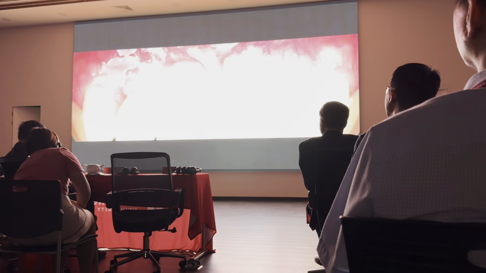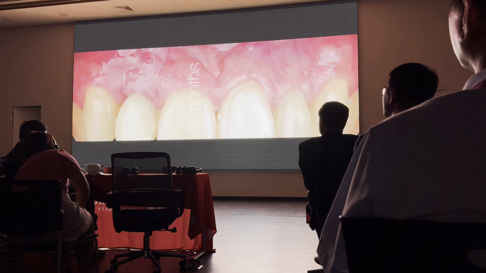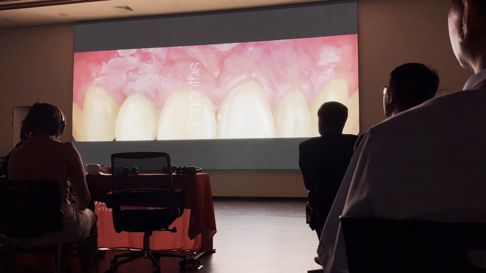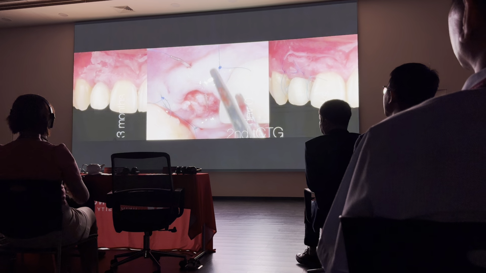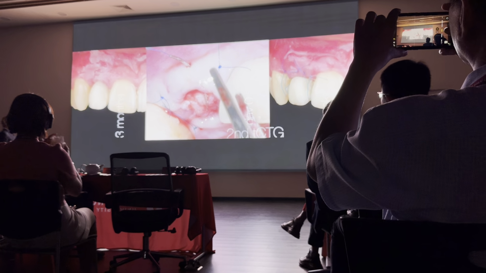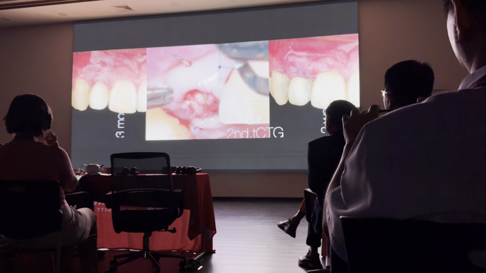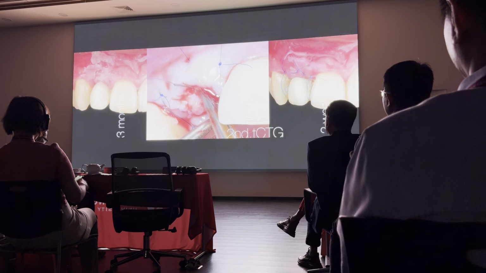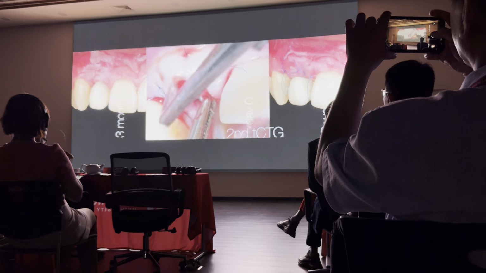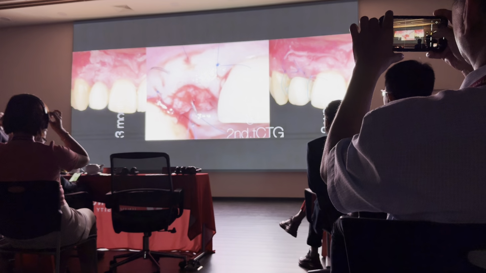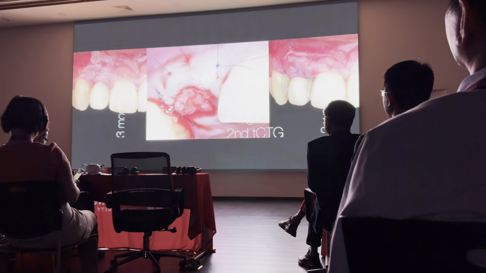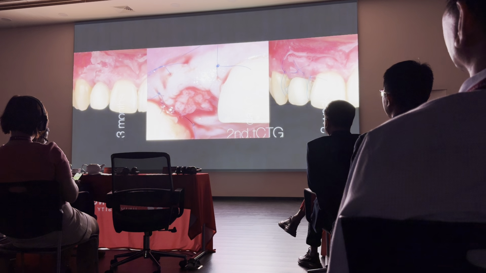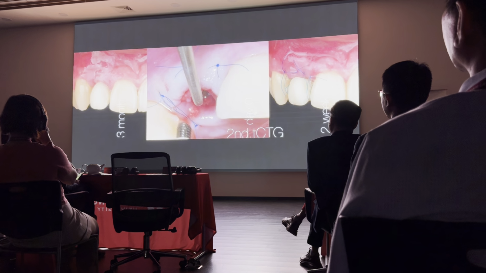So this is 3 months later, and I said, well, not bad, I'm happy. This can improve the situation, no problem. So I went 4 months later and did the second connective tissue graft on the vocal, the vocal flap, and the vocal connective tissue graft from the palate to the vocal flap, and then grafted 360 degrees around my implant.